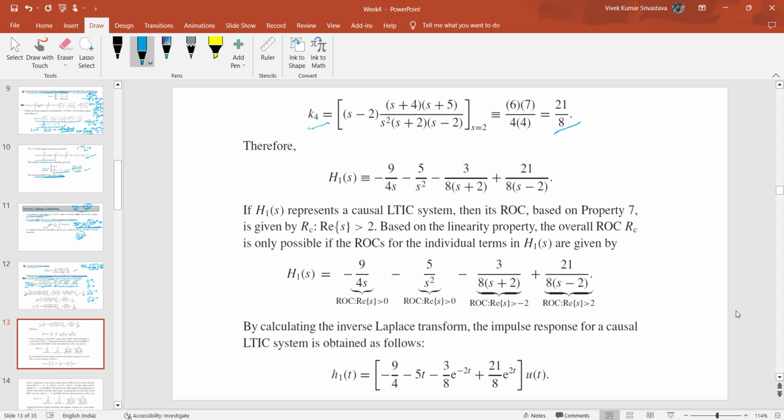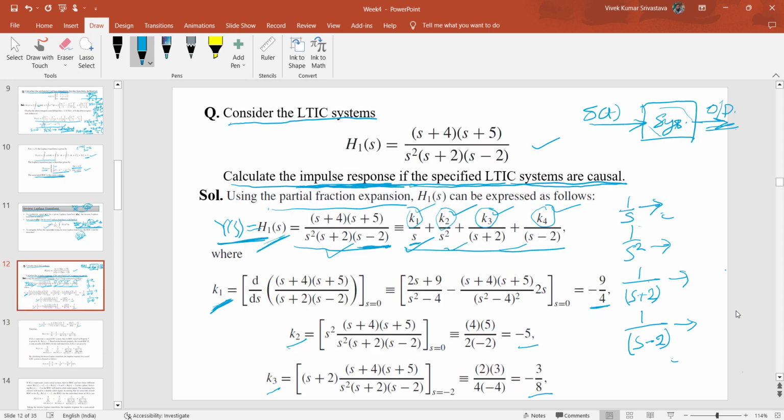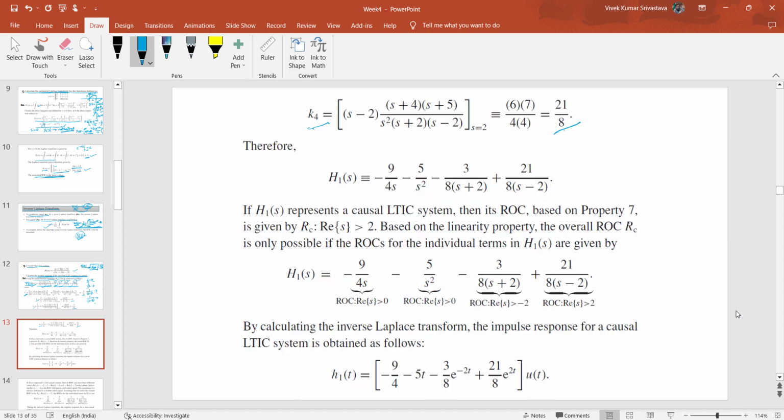Once you calculate these coefficients, you can put the values of k1, k2, k3 and k4 in this expression. So the final value of H1(s) is equal to minus 9 over 4s minus 5 over s square minus 3 over 8(s plus 2) plus 21 over 8(s minus 2).